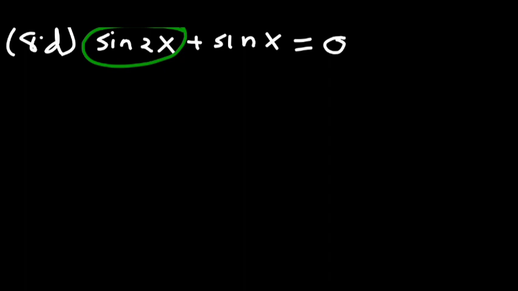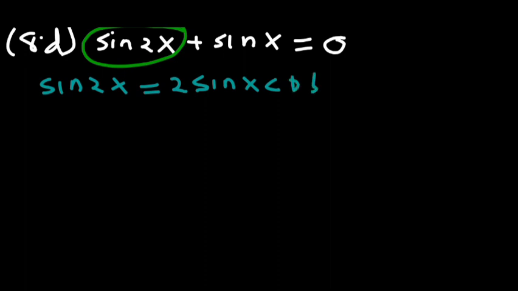That is coming from the double angle identities, so there is an identity for that. The identity states that sine 2x is equal to 2 sine x cos x.